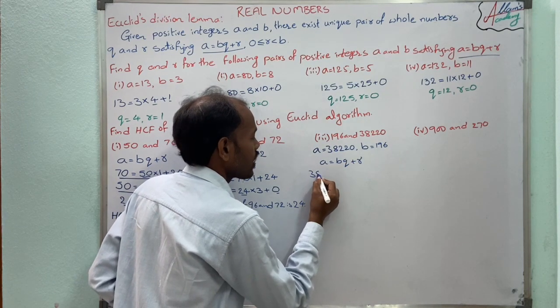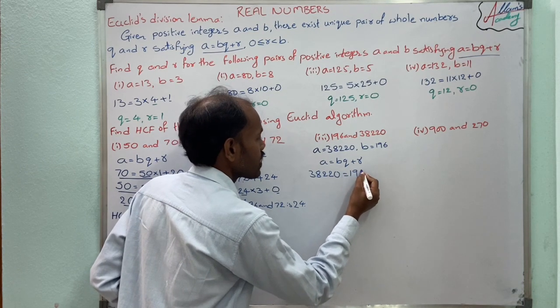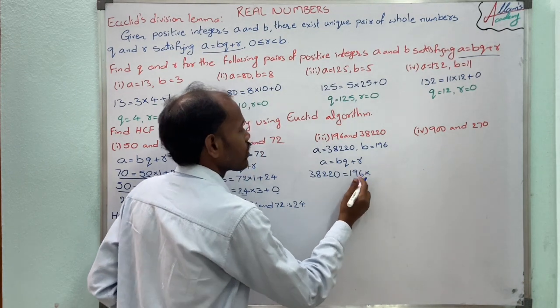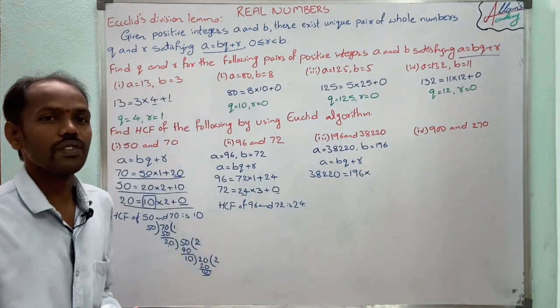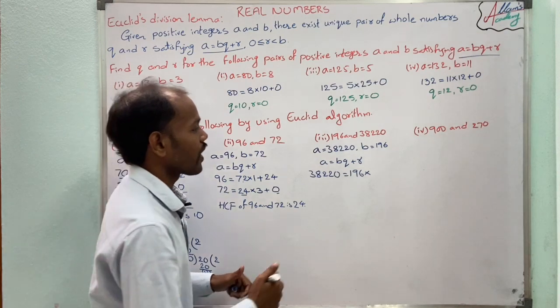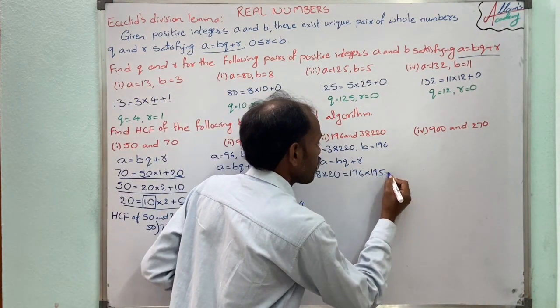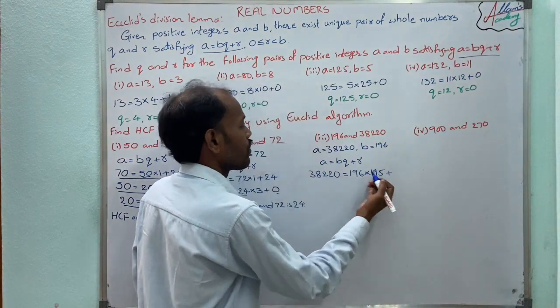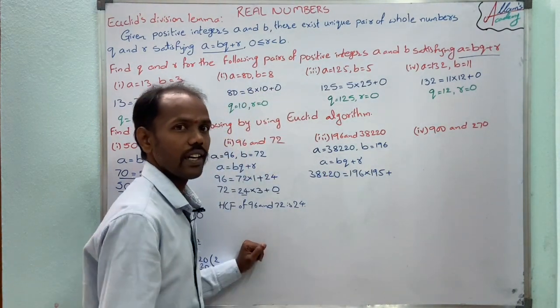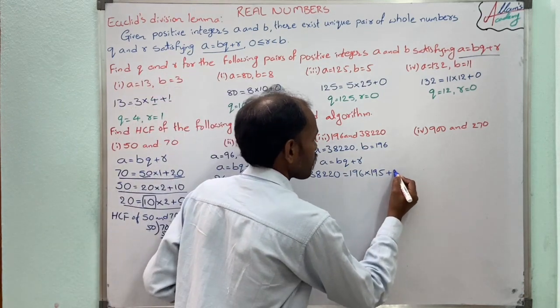So 38,220 equals 196 into, 196 times 195 gives 38,220. So here the remainder is 0.